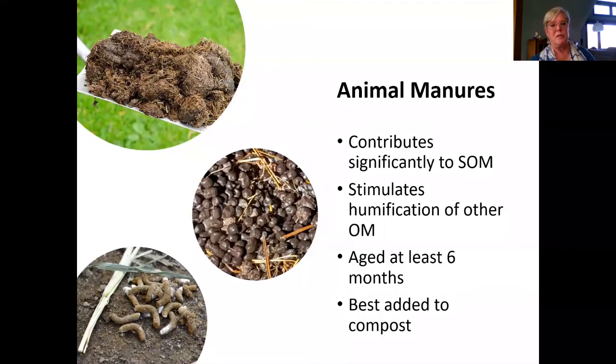Mentioning the animal manures, the composted horse manures, you don't want to be putting any on, with the exception of alpaca and rabbit pellets; everything else should be aged for at least 6 months. And it's even better if you can add it to your compost. If you do composting at home, that's the best way to do it.